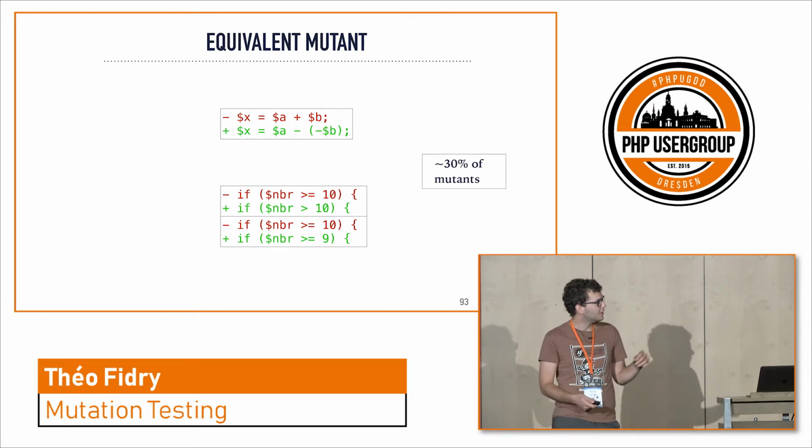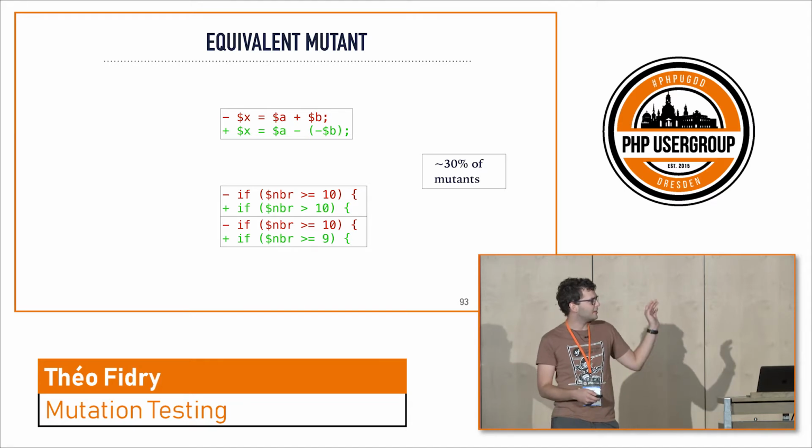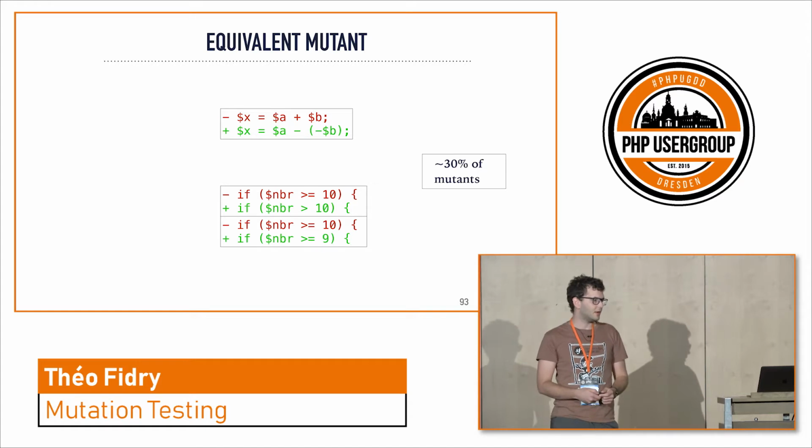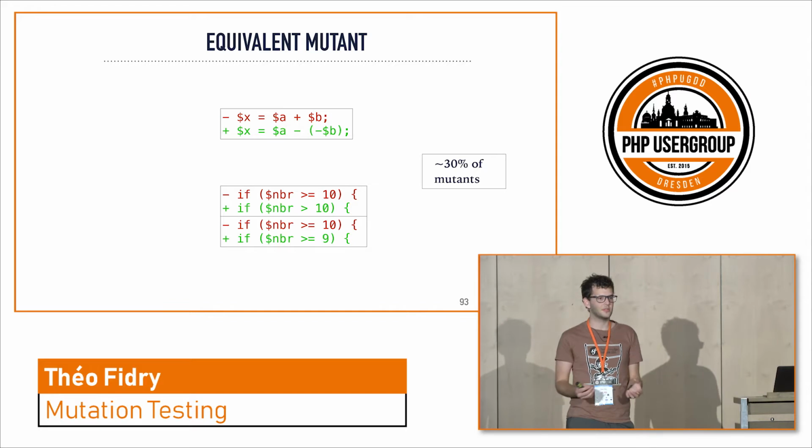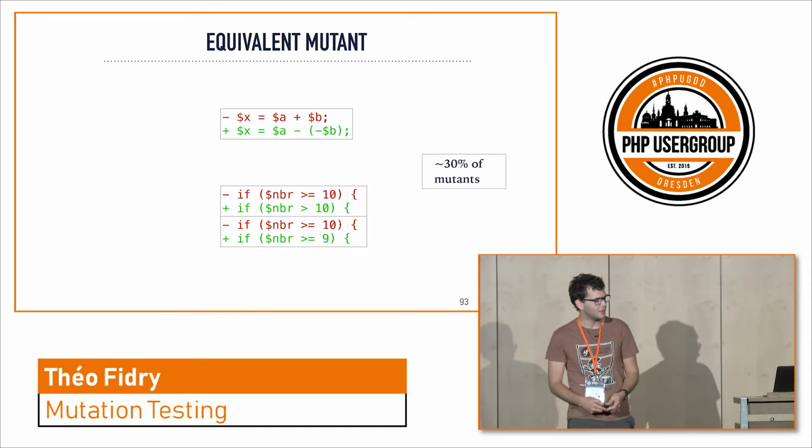So here, for example, one time we change a sign, one time we change a value, having only 1 of them would be enough. So we estimate that out of all the mutants, about 30% of them are redundant. So if we could get rid of them, it would be faster because there would be fewer mutants in the end.